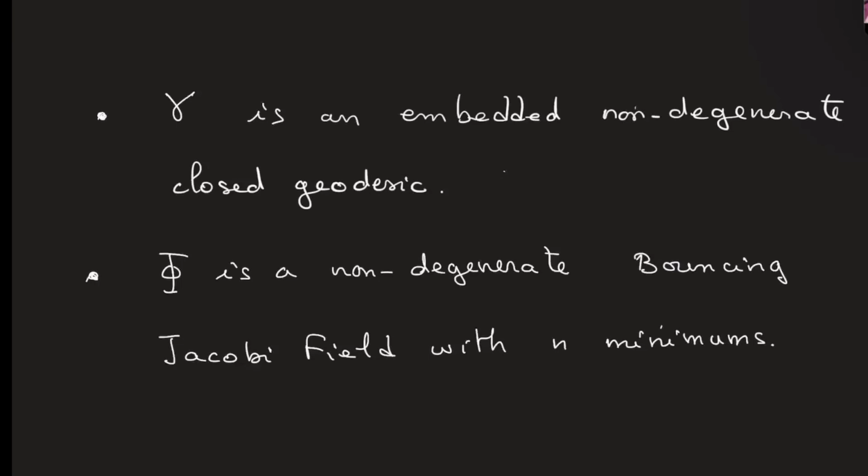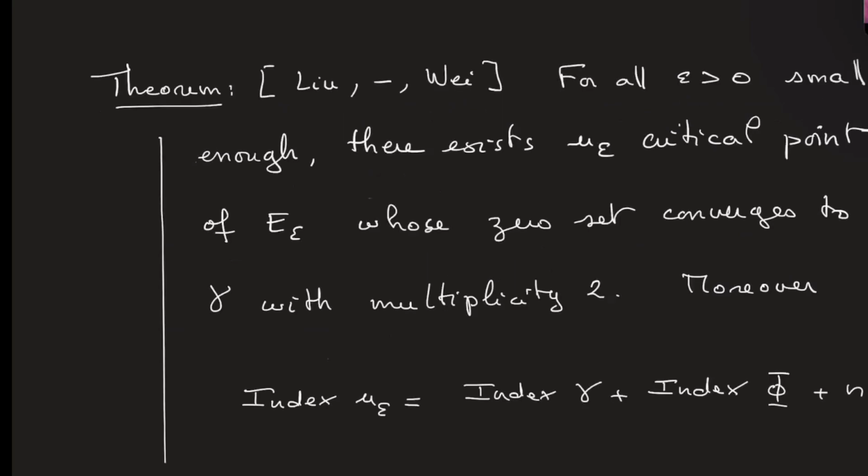Okay, so now I need some assumptions, and the assumption is I need to have a geodesic which is embedded, non-degenerate, closed, and I need phi to be a bouncing Jacobi field, but we can see that there are instances where we have bouncing Jacobi fields with n minimum. And with this hypothesis, this is in dimension 2.